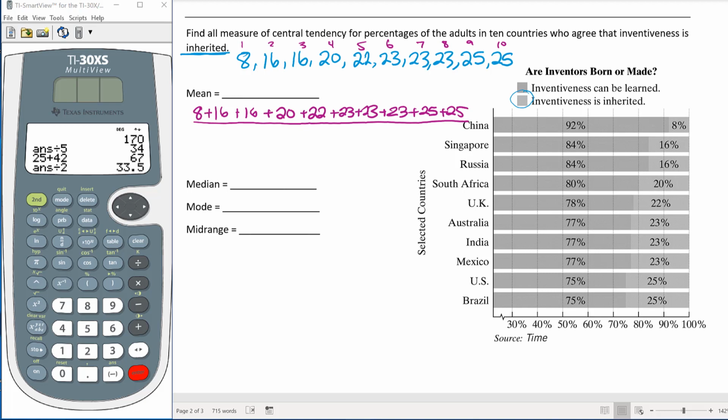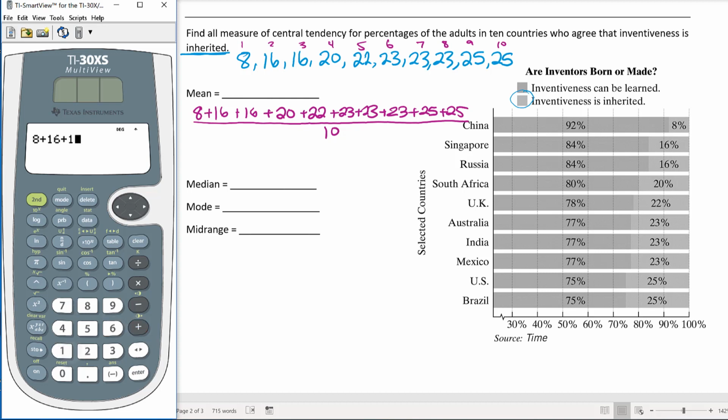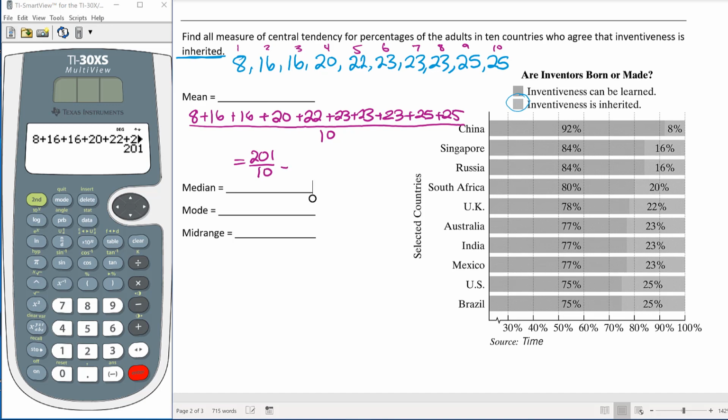It looks like I have 10 data items, so I'm going to divide by 10. Be very careful when typing this in, since there are so many data items. Mistyping one thing could really mess you up. I got 201 divided by 10, which is 20.1. So my mean is 20.1.